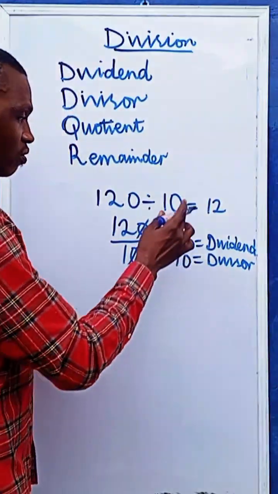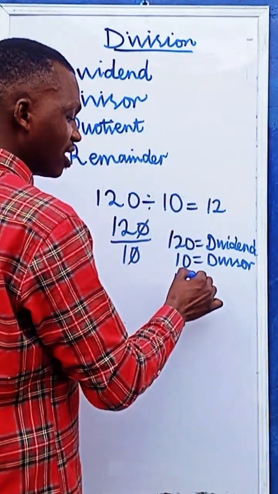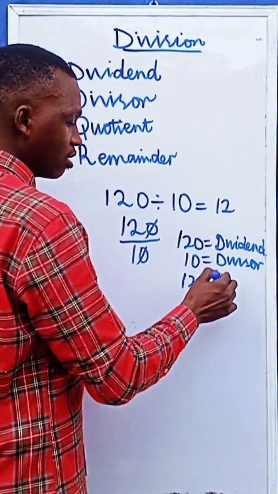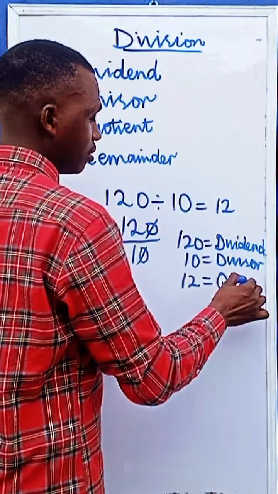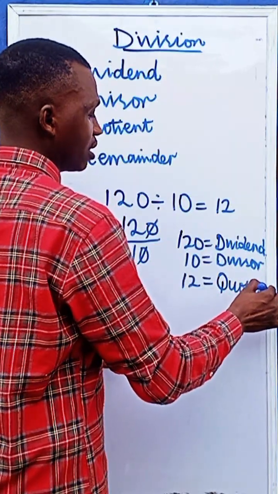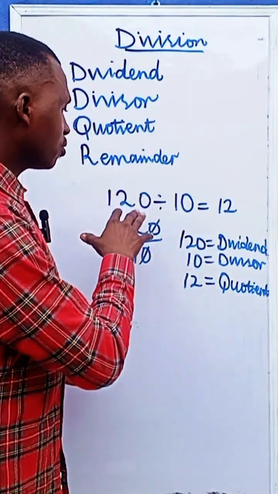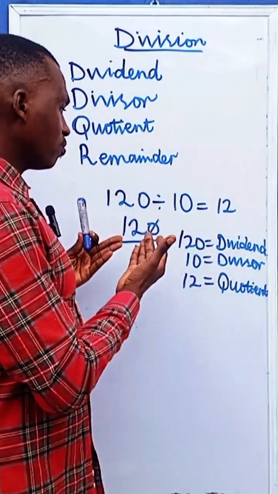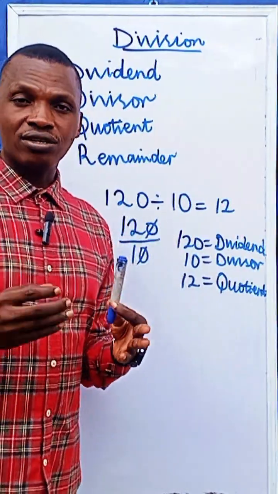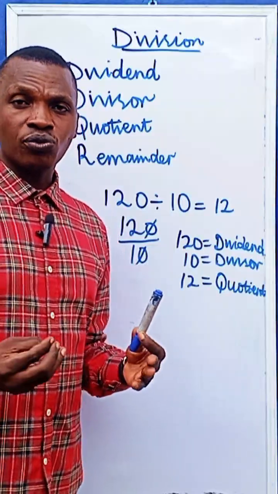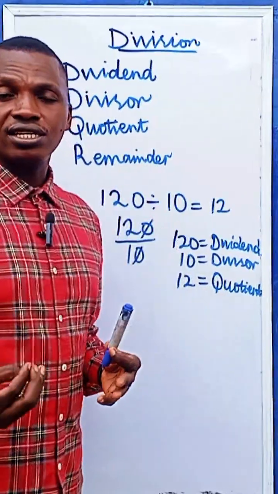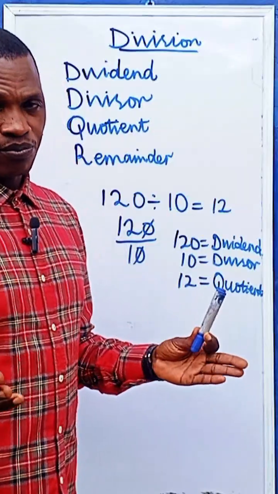When we talk about 12, which is the answer, it is our quotient. So if I say find the quotient of 120 divided by 10, what I'm basically asking you to do is to solve it and get the answer.